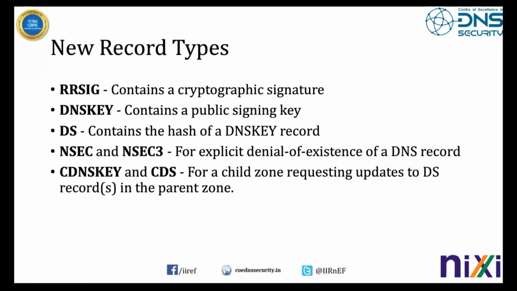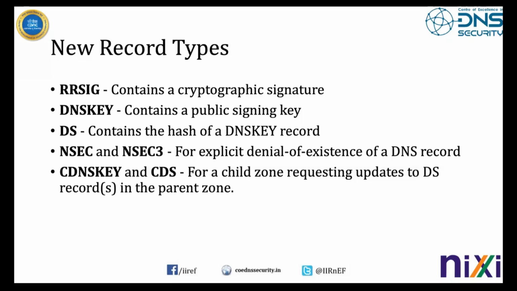Okay, so next, one question is: please explain NSEC again. Whenever we ask for a record, if it is not there, it will give me a blank, like this domain does not exist. Now since we are using DNSSEC, every record has to be signed, but I cannot sign something which is not there.